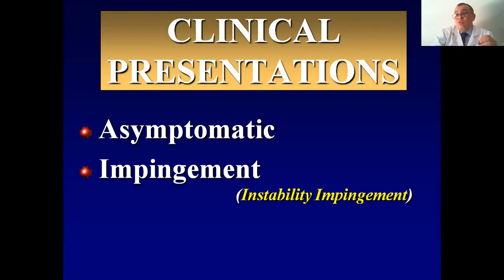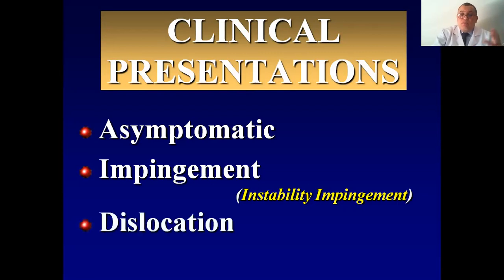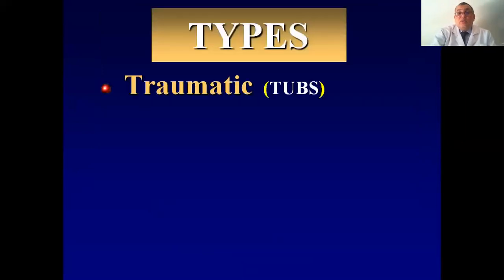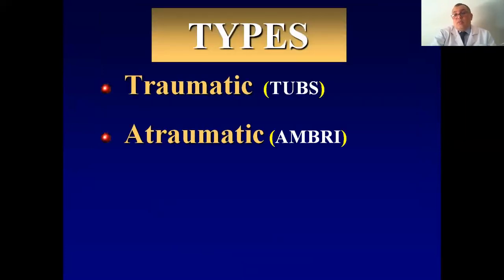This is not impingement. This is not overcrowding of the subacromial space, but it is excessive translation of the head of the humerus. The most famous clinical presentation is dislocation. These dislocators have been divided by Rockwood, God bless his soul, he passed away a couple of weeks ago, into traumatic type and atraumatic type.